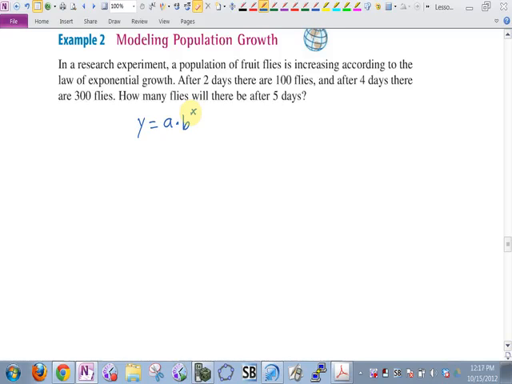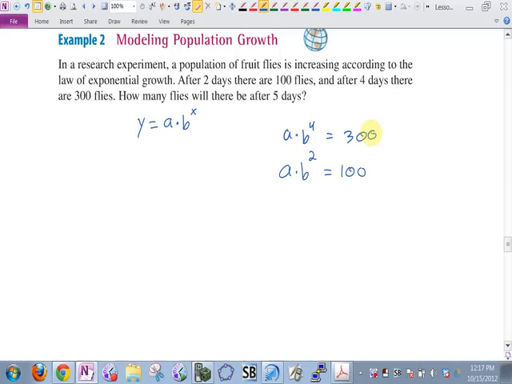What I do know is if I plug 2 in for x, so I am letting the x variable represent number of days, y is going to equal 100. I also know that if I plug 4 in for x, y is going to equal what? So what I have is a two-variable, two-equation system.